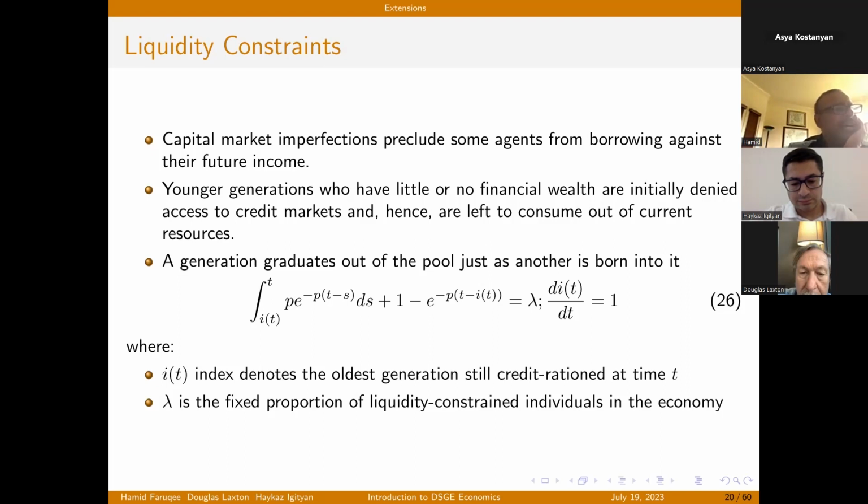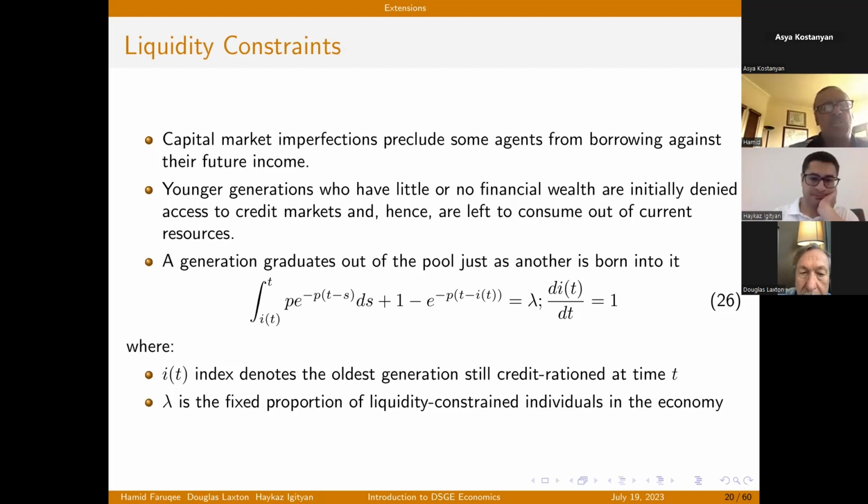Empirically, there are some nice papers that look at individual microdata on the evolution of not only wealth profiles over time, but also saving and income profiles over time. And this notion that younger generations who tend to be income and asset poor often don't have the ability to borrow. They don't have a credit history, for example. Many of you might have encountered that problem. And so we can introduce those types of financial frictions in the model.